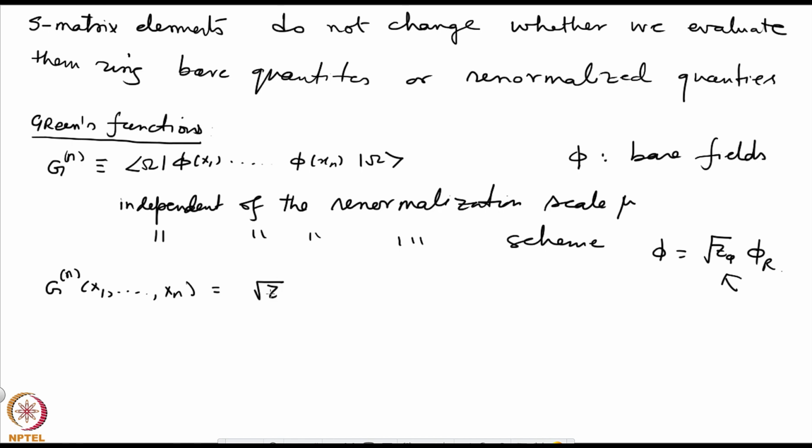So this is root z phi to the n, okay, times Gn, but now with renormalized fields, because we are denoting by Gr the Green's function that you construct with renormalized fields. And of course this is a function of epsilon, mu and lambda r. Okay, let me write this z also explicitly with its arguments. So z of phi, it depends on epsilon, mu and lambda r.